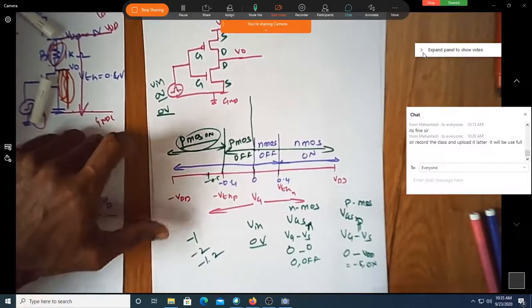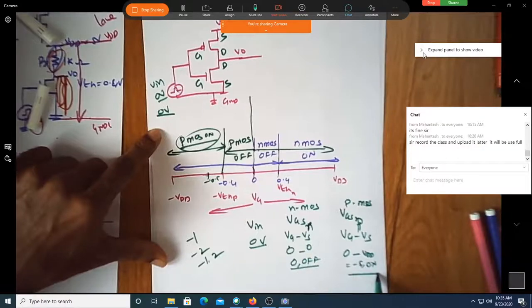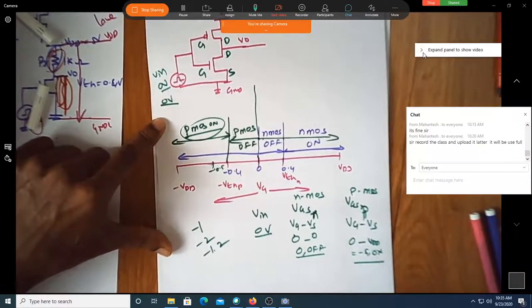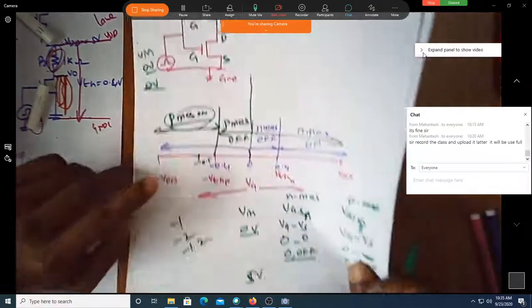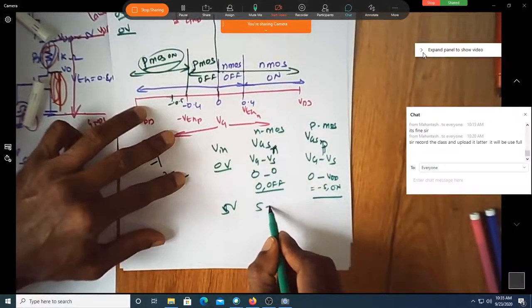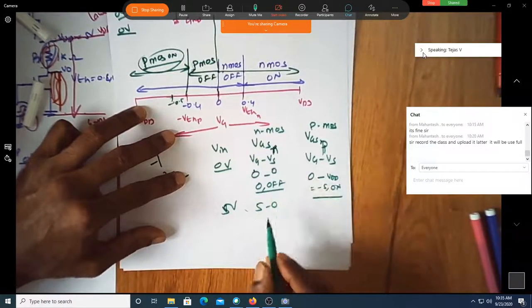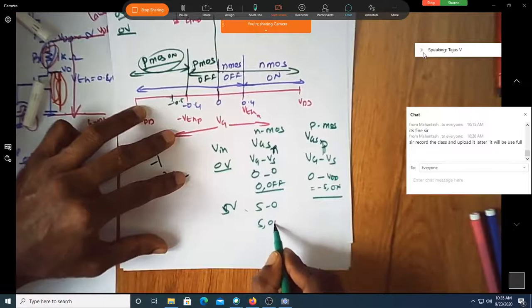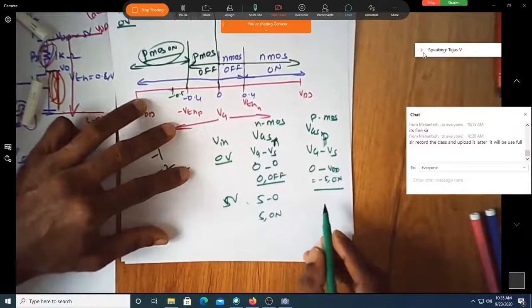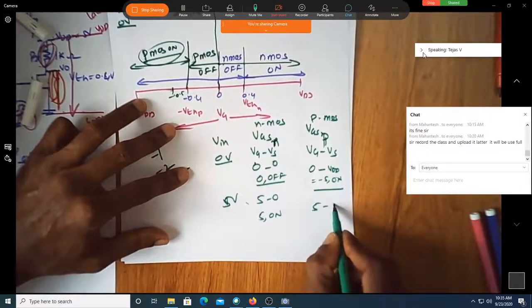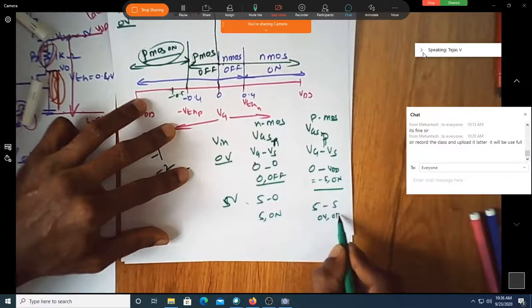So one is off, other is on. Now let us take Vin as VDD, or 5 volts. For NMOS, VG is 5, VS is 0, so VGS is 5 volt and it is on. How about PMOS? VG is 5 and VS is 5, so VGS is 0 volt, and it is off.